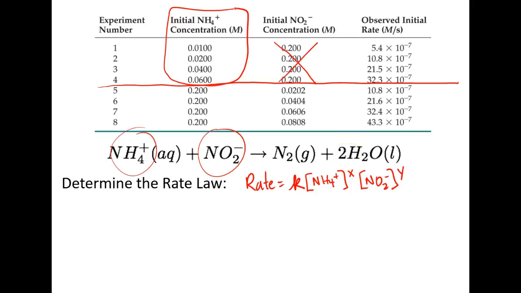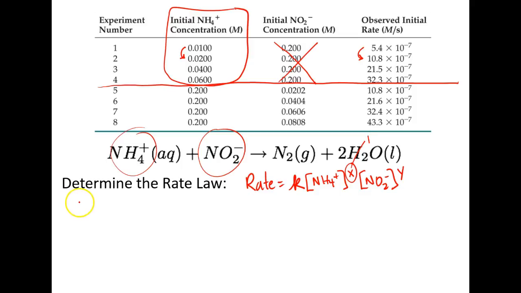I like to work with nice easy numbers, and I see if I compare experiment 1 and 2 that the concentration doubles. I also notice that the observed rate doubles. So those are both changing by the same factor. And so I know that x is going to have a value of 1.